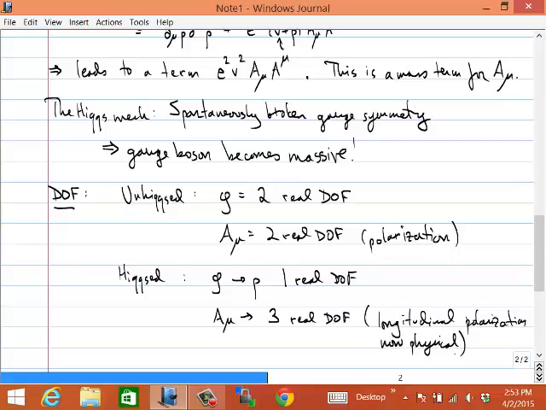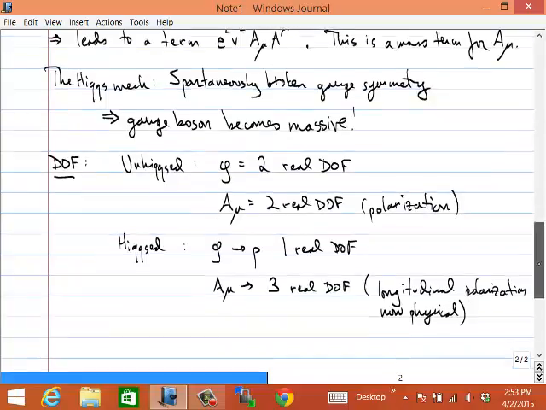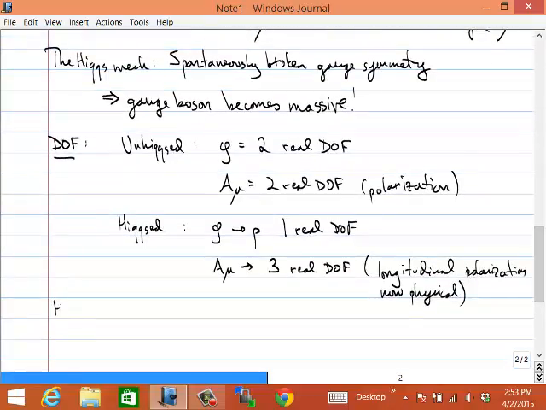So we really have 4 real degrees of freedom no matter what we do. The point is that when we work in this unitary gauge, we've shuffled around the degrees of freedom so that now it looks like phi only has 1 degree of freedom, but the gauge field has 3 degrees of freedom. In fact, how we distribute the degrees of freedom between that complex scalar field and A_mu is a little ambiguous.